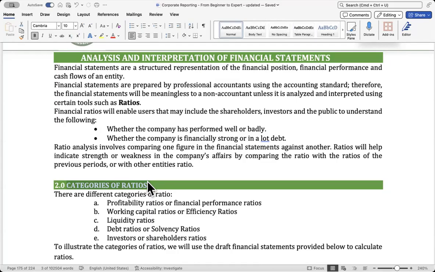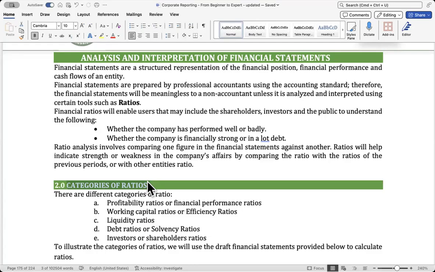Because I can just compare revenue of company A and revenue of company B, look at which one is higher, then make my decision. Or I look at profit of company A along with profit of company B, look at which is higher and make my decision. Or I look at their assets to have an understanding of their relative size, as well as their liabilities to have an understanding of their relative exposures.